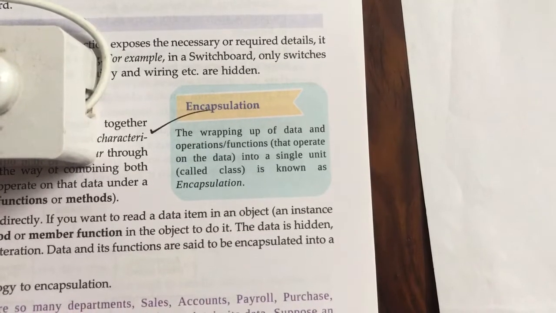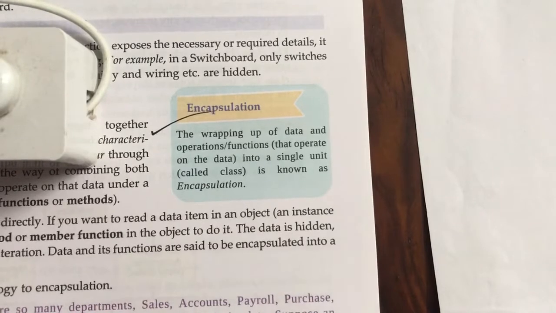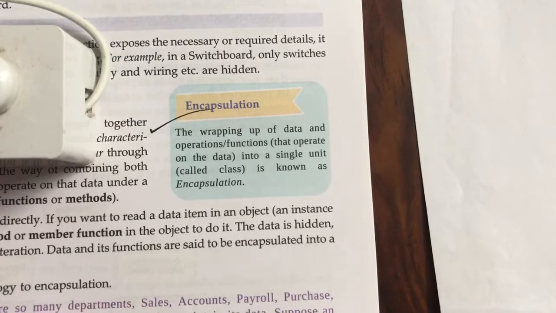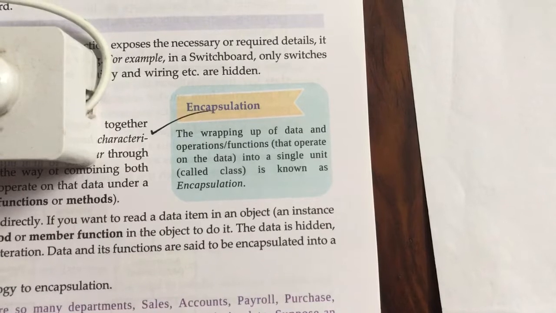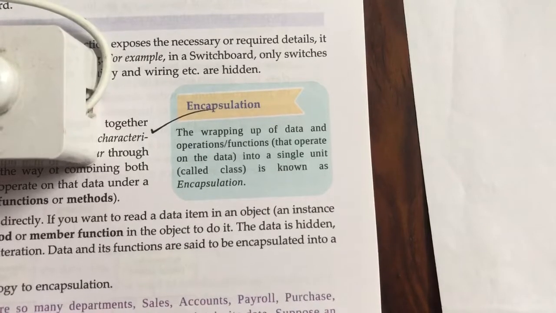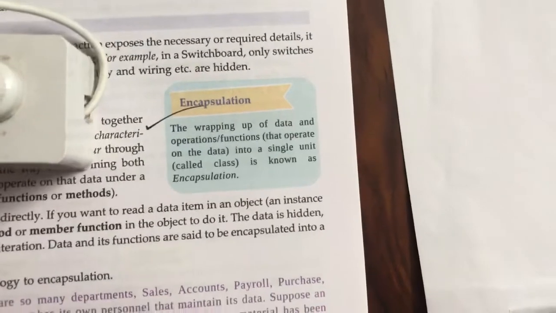So these are all the features, but it is all enclosed in one word, that is car. So the wrapping up of the data, that is the features, the characteristics, and the methods or the operations of that object, makes it one encapsulation.